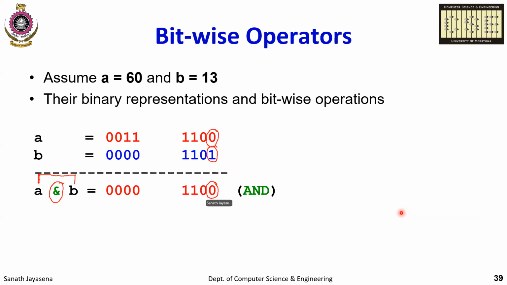Because if you perform AND between 2 bits, if both are 1, the result is 1. Otherwise, even if at least 1 is 0, the result is 0. So 0 and 0 is 0. That's what we mean by bitwise. For each corresponding bit position, you perform this. So 1 and 1 is 1. Here also 1 and 1 is 1.